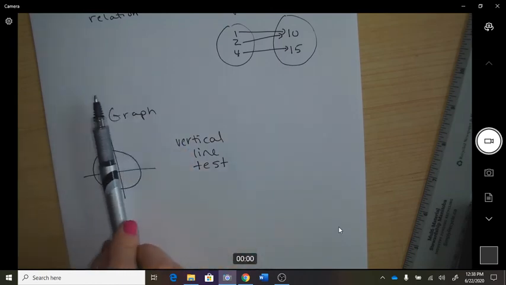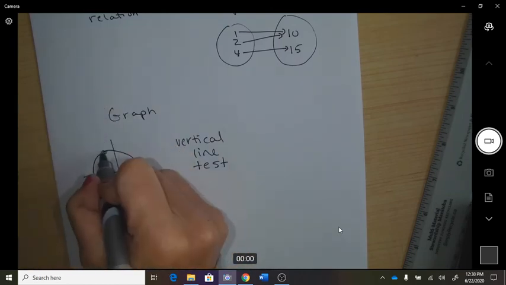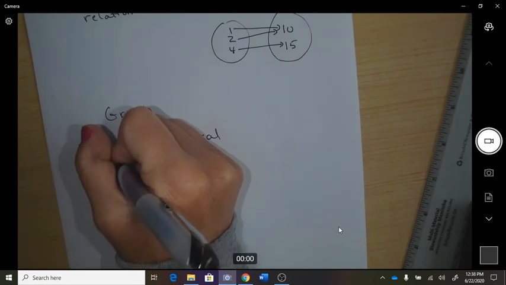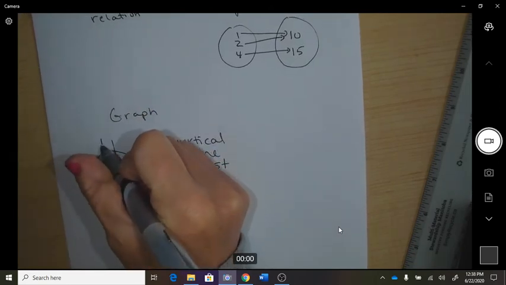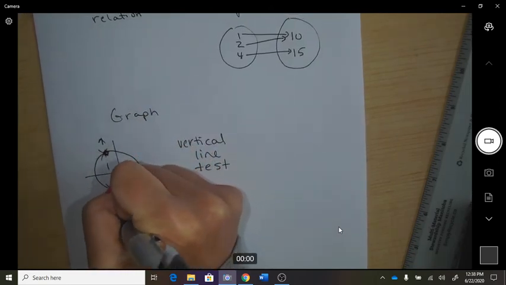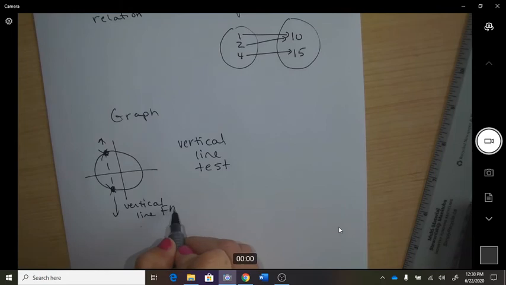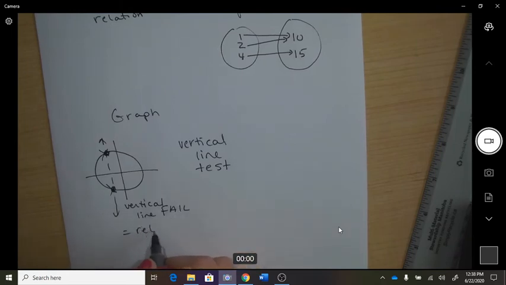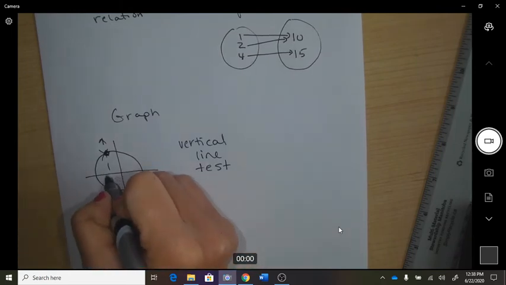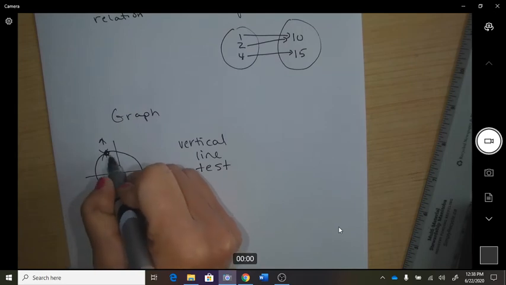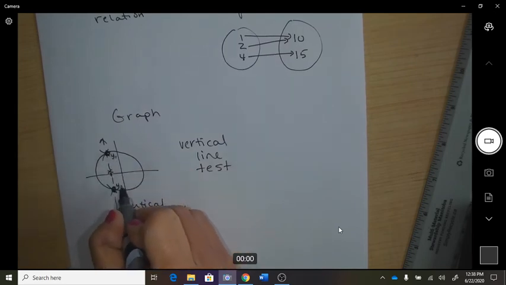So you can see here, right, it would fail. So vertical line fail, that means it's just a relation because for an x value, it has a y up there and another y.